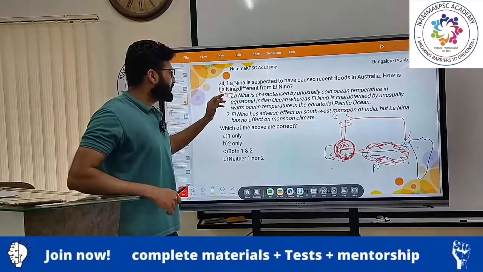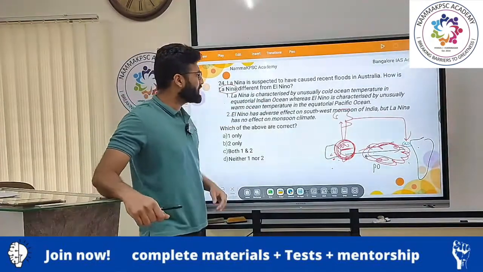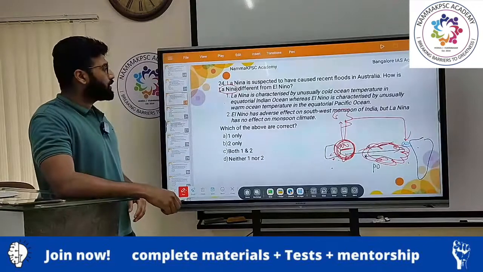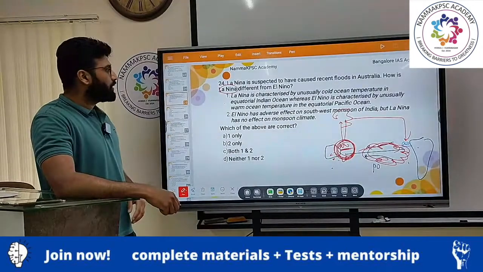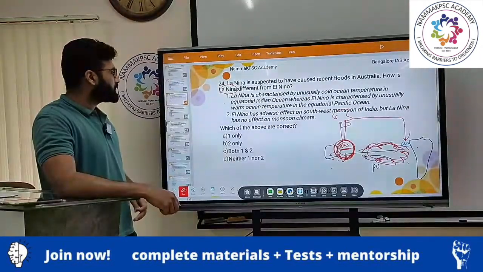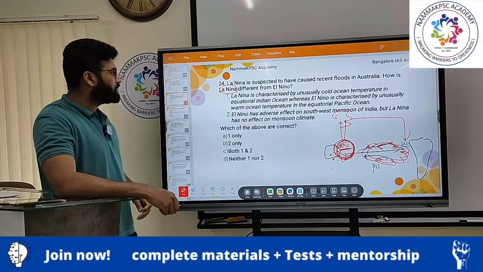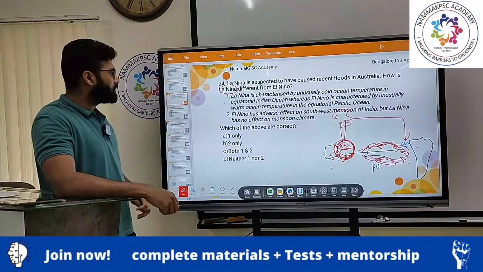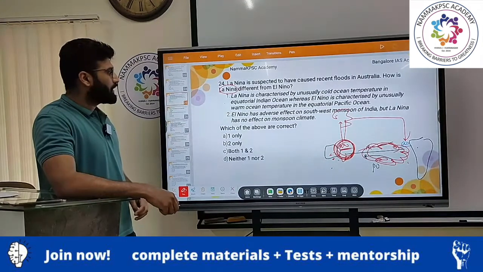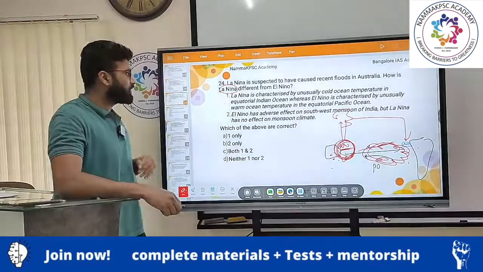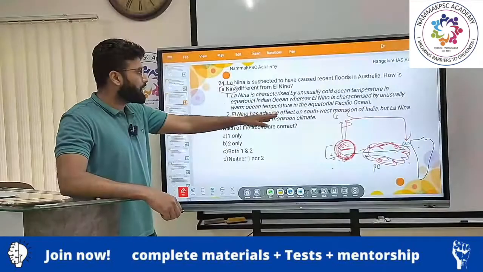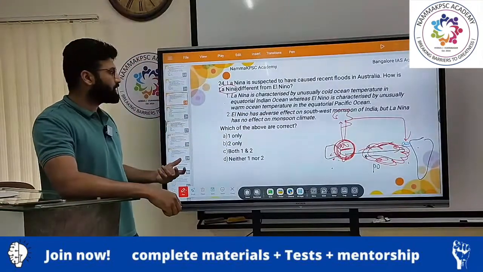The first statement says La Nina is characterized by unusually cold ocean temperature in the equatorial Indian Ocean, whereas El Nino is characterized by unusually warm ocean temperature in the equatorial Pacific Ocean. So I think by now you should be able to explain what is happening here.